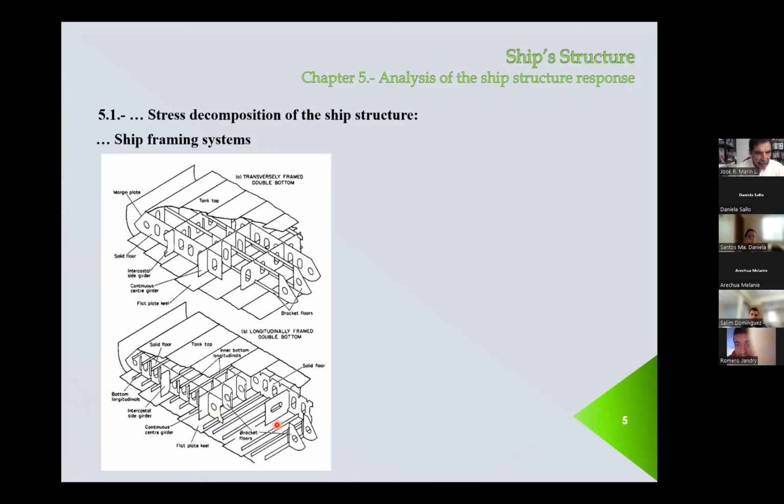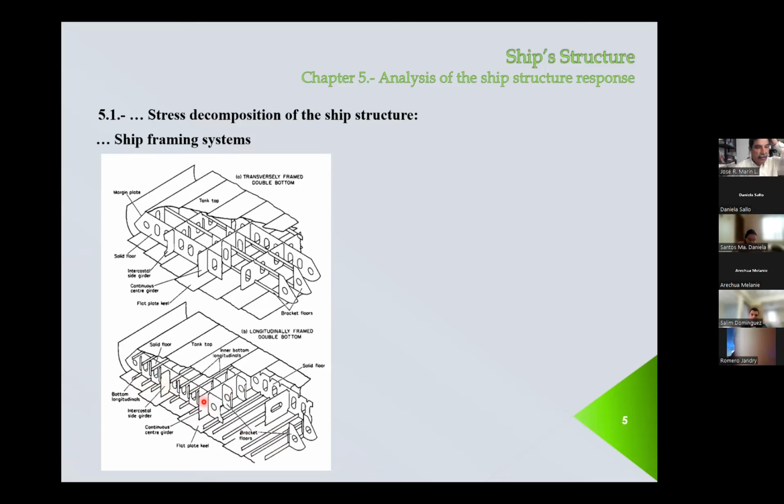Something very interesting is that even though this is a longitudinal framing system, you see here that this is a very strong longitudinal. I have found that there is a maximum distance you have to have.